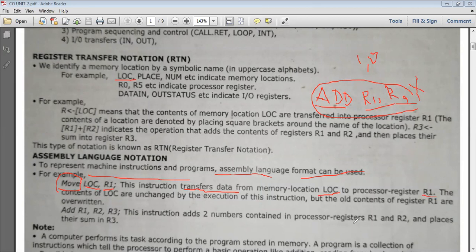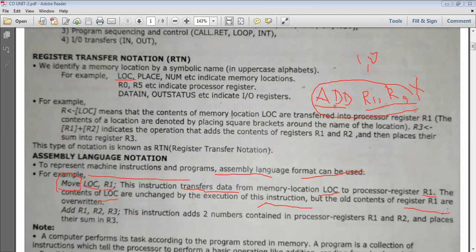Here, the contents of LOC are unchanged by the execution of this instruction, but the old contents of R1 are overwritten.